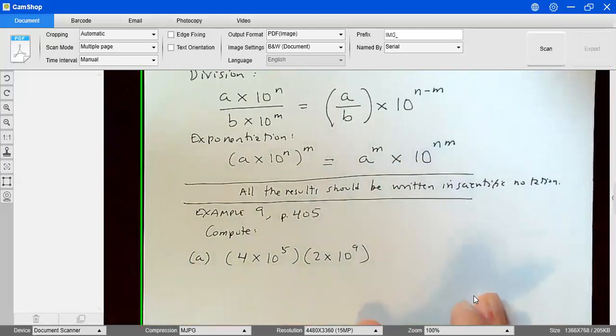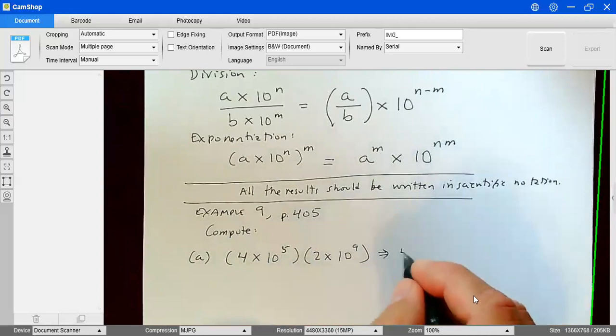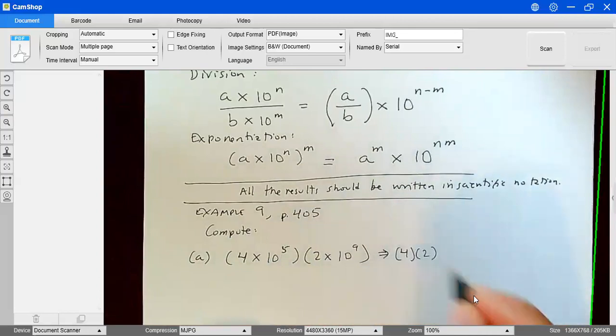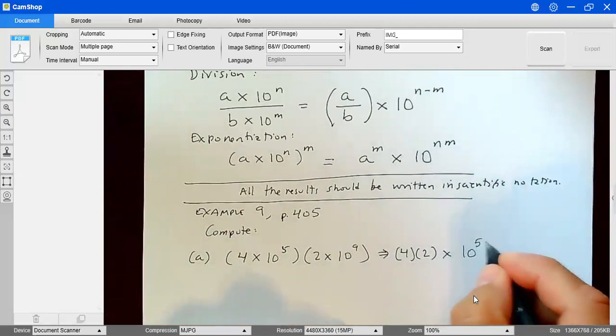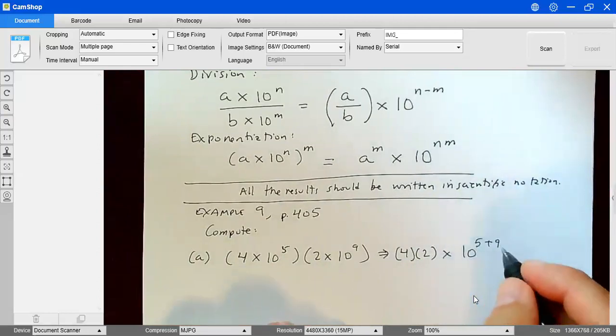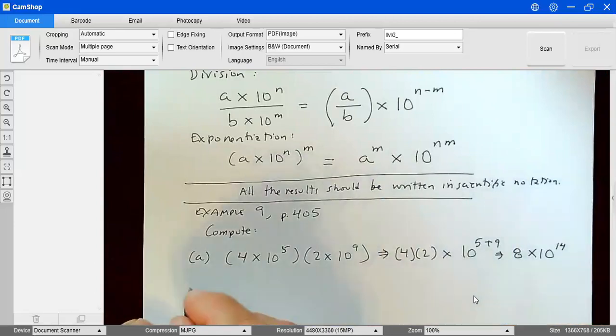So that's the first problem. So we said we need to multiply mantissas, so 4 times 2, then times 10, and we add exponents. So this is going to be 8 times 10 to the 14. So that's the first problem.